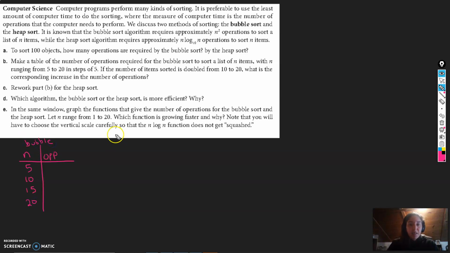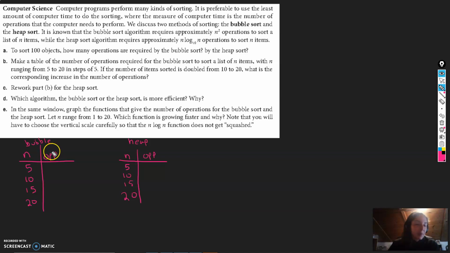And then C says rework part B for heap. So we'll just make both of these, for bubble and for heap. So n and operations, and again, we're going to look at this for 5, 10, 15, and 20.